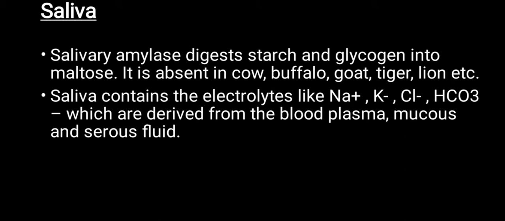Serous fluids are different types of body fluids, just like serum, that is, blood plasma without any clotting factor. This serum or serous fluid fills inside many body cavities. So these electrolytes are derived from blood plasma, mucus, and serous fluid.